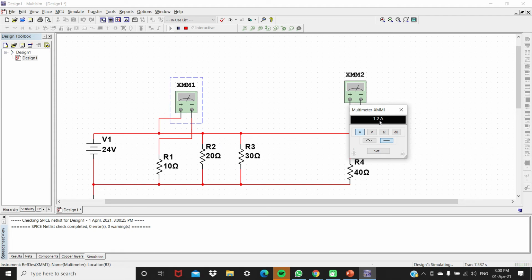It's 1.2 mA DC current, and it's 10 ohms. Right, so now let's go to R4.